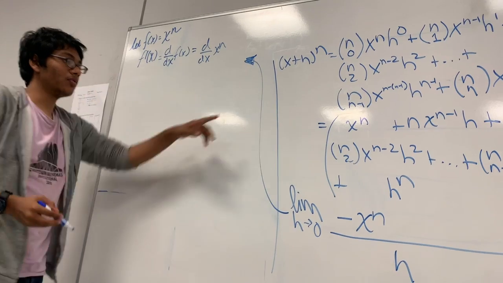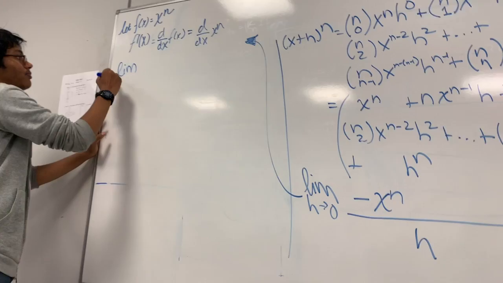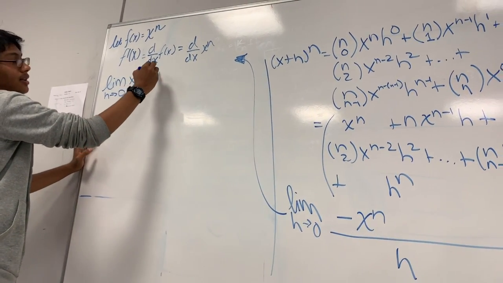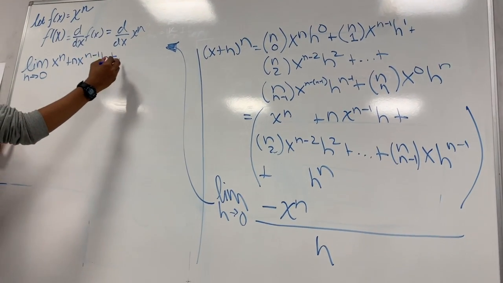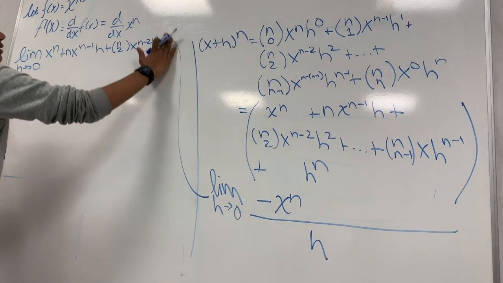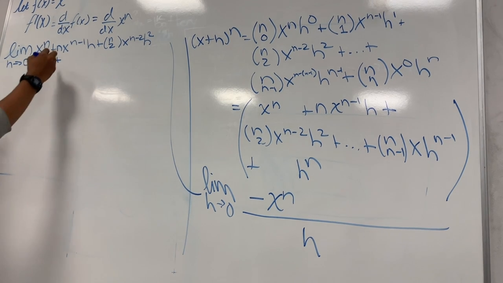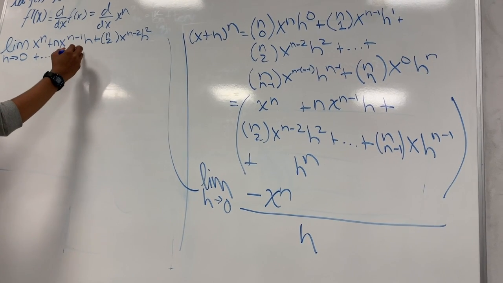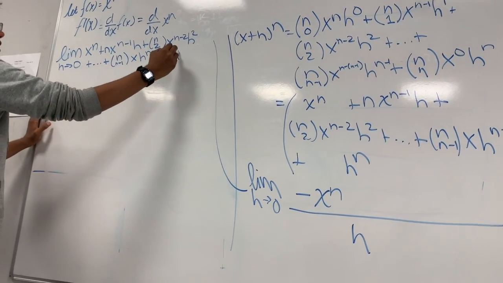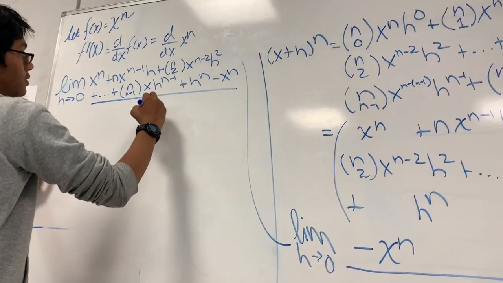I have the limit as h approaches 0 of x to the n plus n x to the n minus 1 times h plus n choose 2 x to the n minus 2 h squared, all the way to the last few terms, n choose n minus 1 times x times h to the n minus 1, plus h to the n, minus x to the n, all over h.